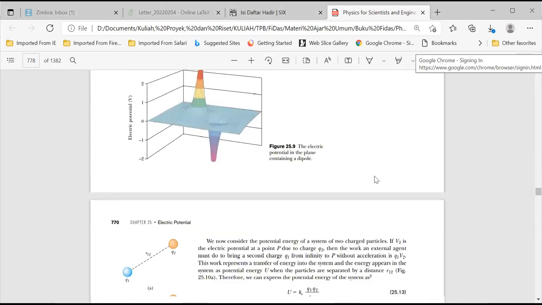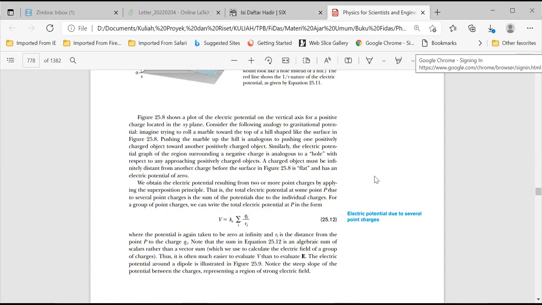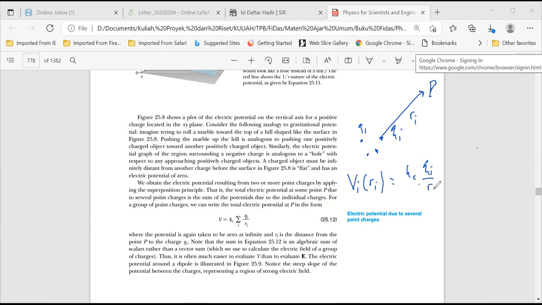Let us continue. If you have many point charges, for example Q1 until Qi, and Ri is the distance to the point P, the potential here is k times Qi over Ri.